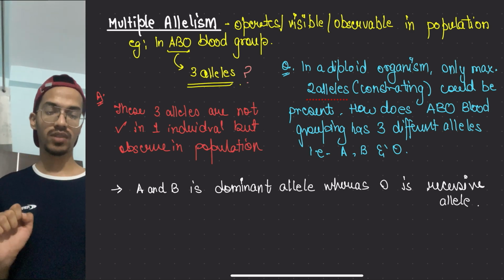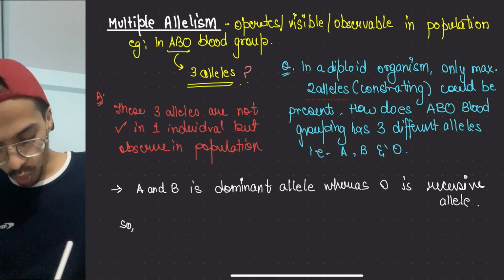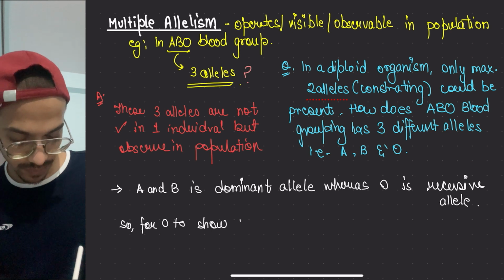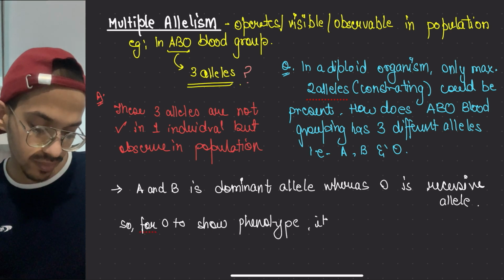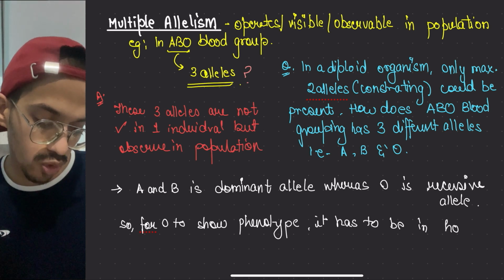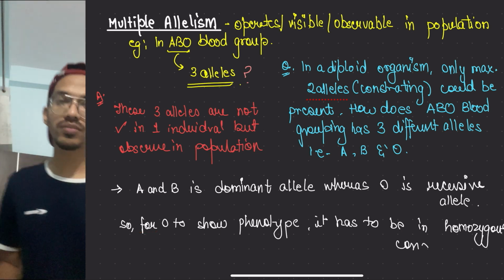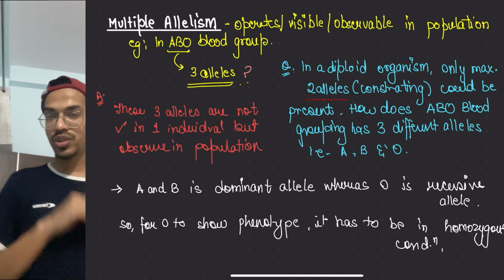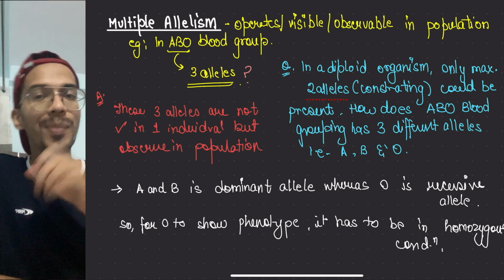Okay. So for O to show the phenotype, meaning O blood group, it has to be in homozygous condition. And now the question is, what about A and B? If both come together, then codominance occurs.